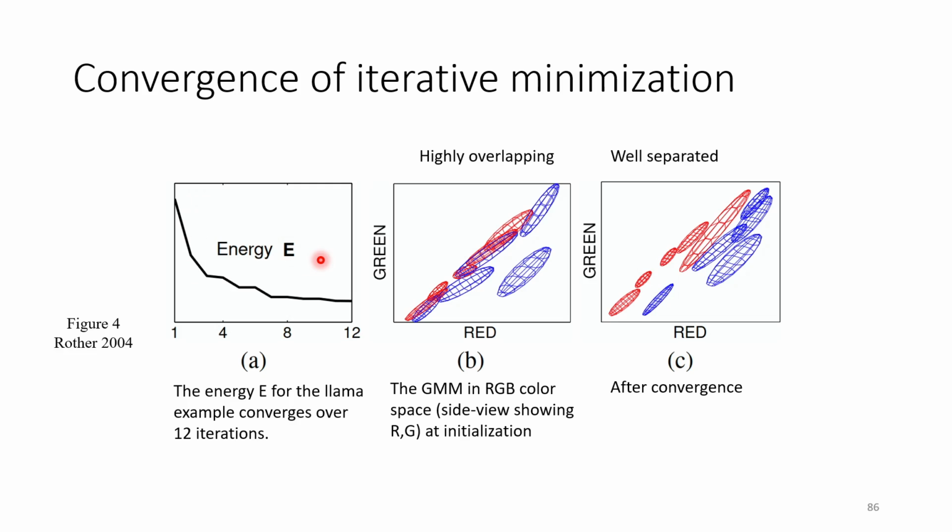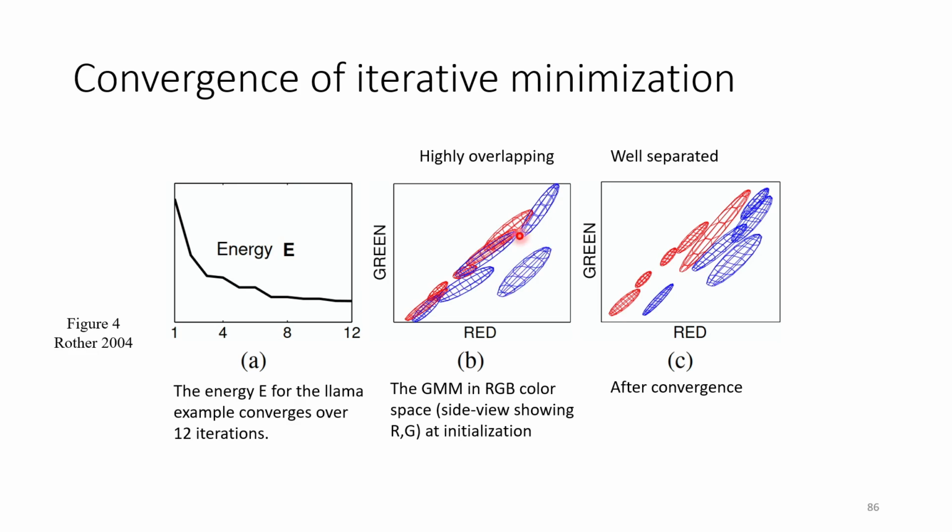This is also a Markov model under the Markov random field, and it iteratively updates the parameters of the Gaussian mixture model. In this example, in the beginning, the red and blue regions mean the Gaussians of those color pixels.